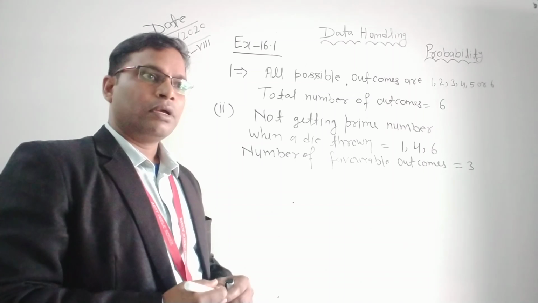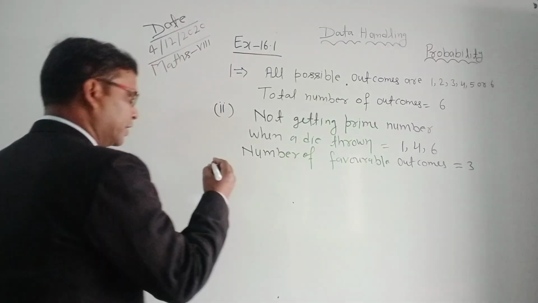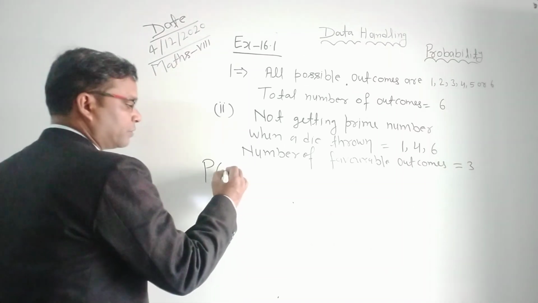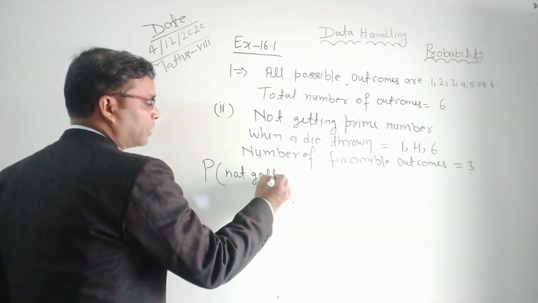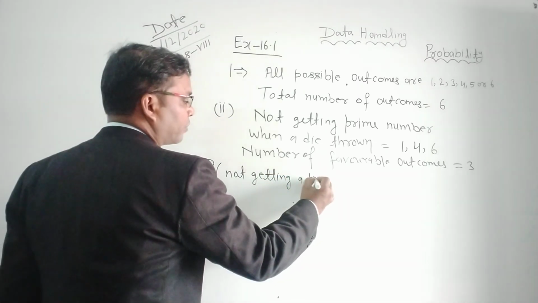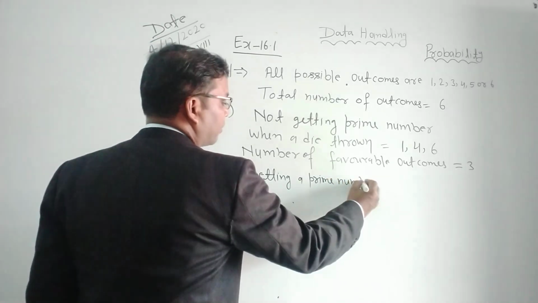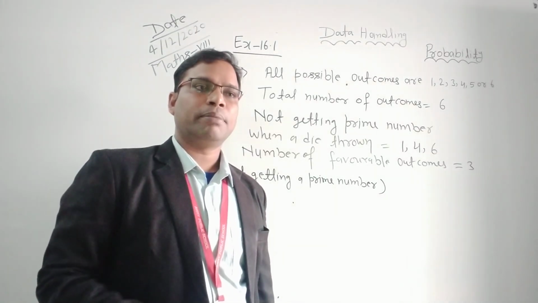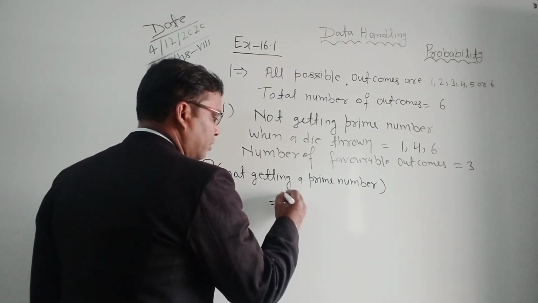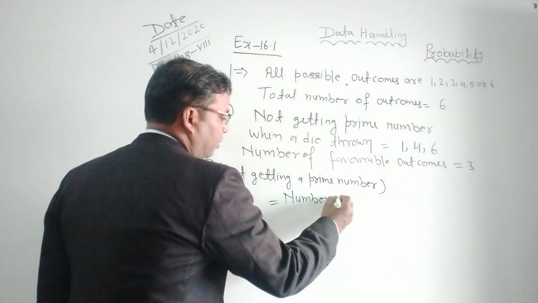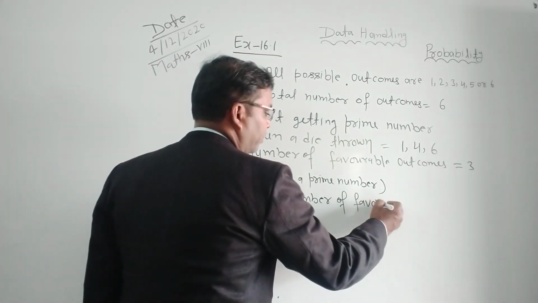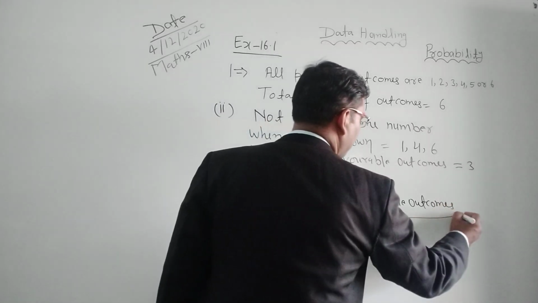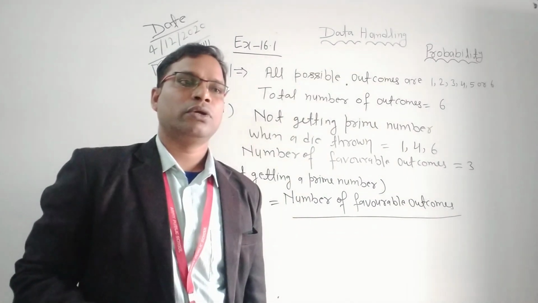So the probability of not getting a prime number is equal to the number of favorable outcomes by the total number of outcomes.